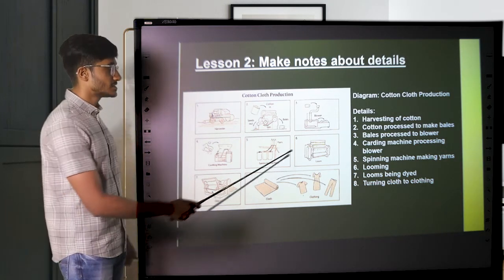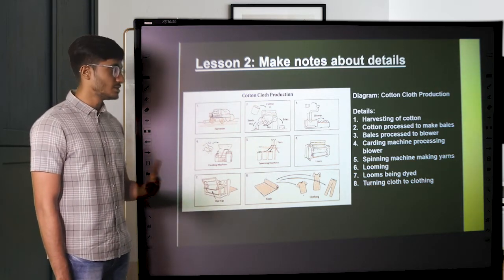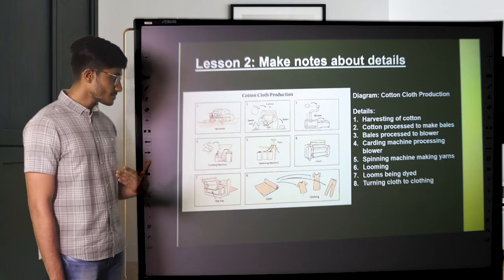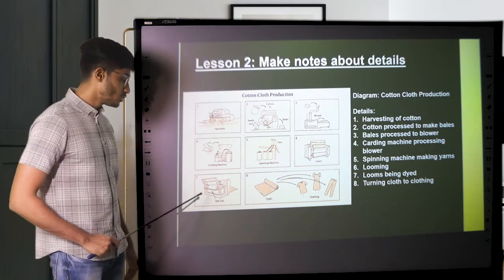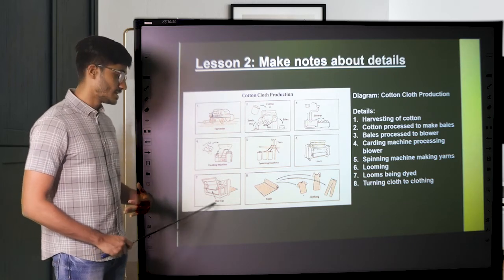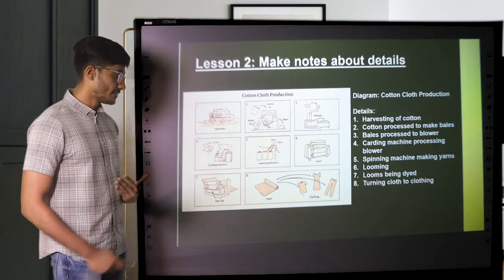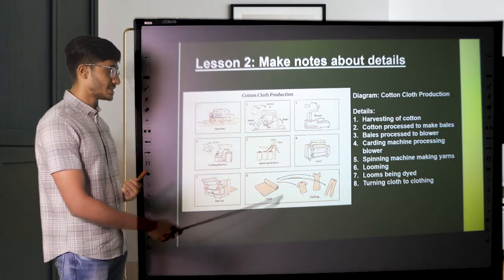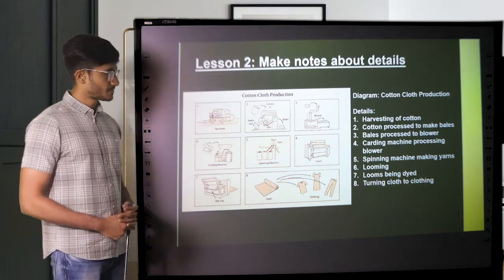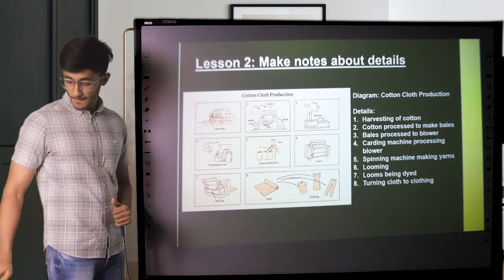In the sixth picture the yarns are sent into another machine for looming. Here we have looming, and then the looms are dyed in a dye vat. That's another process of dyeing the looms, and then those are turned into the cloth, and the cloth is turned into clothes. So that's how you can break down a process diagram.